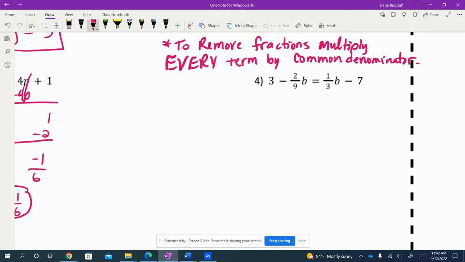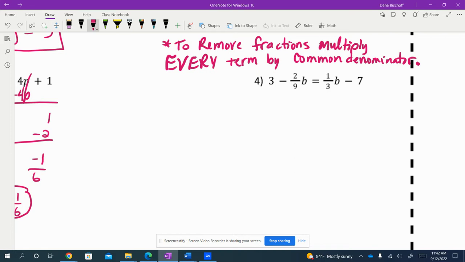So the reason this could sometimes be hard is you have to think, between the two denominators, 3 and 9, which one do they both divide? 9 does not go into 3 nicely. 9 is divisible by 3, but 3 is not divisible by 9.